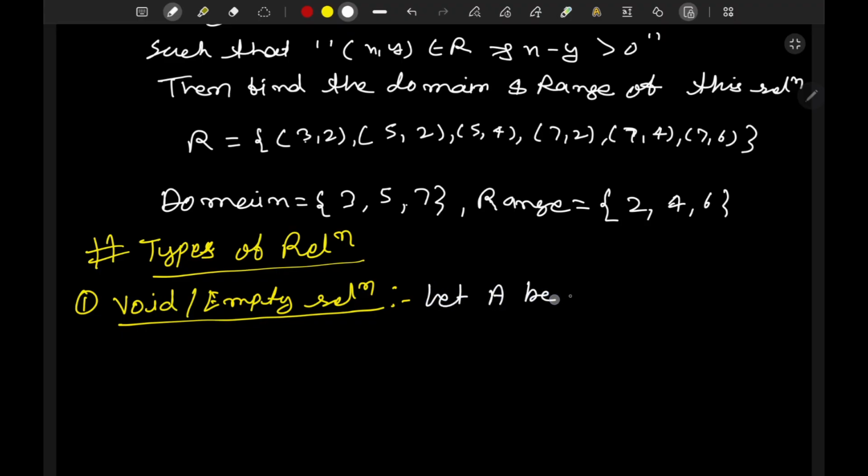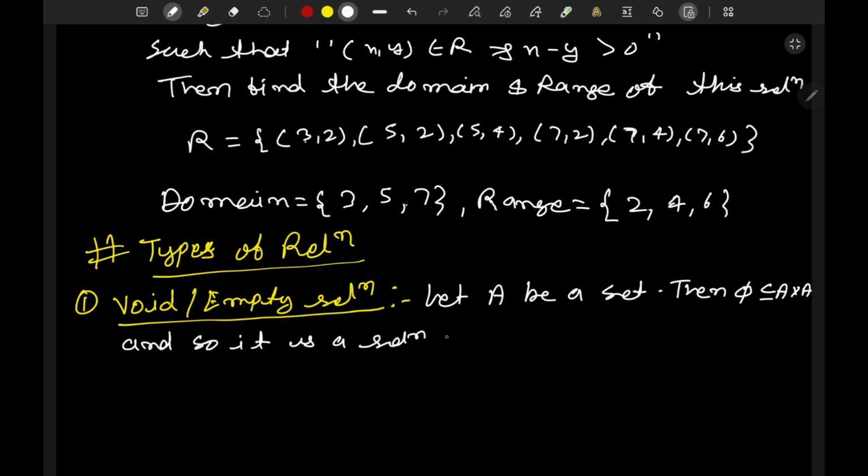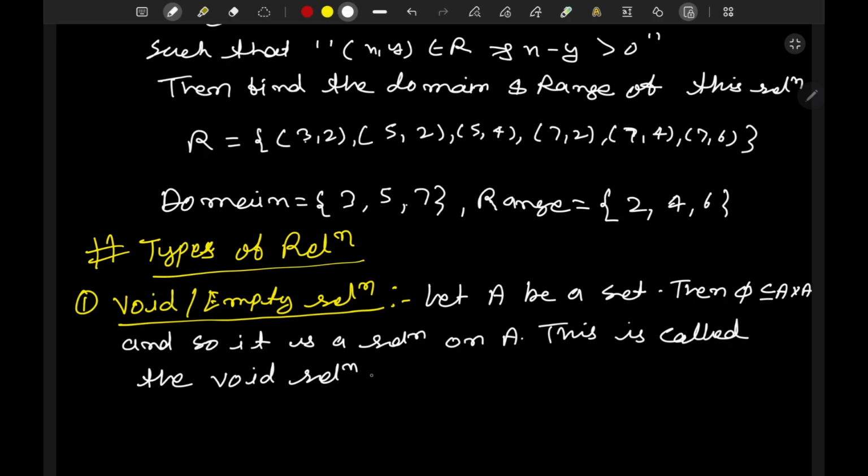Then phi is a subset of A cross A, and so it is a relation on A. This is called the wide relation, or empty relation.